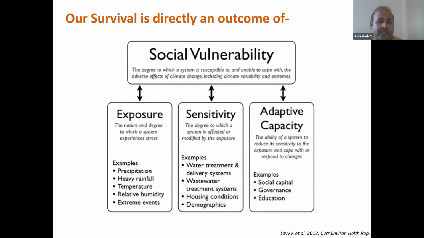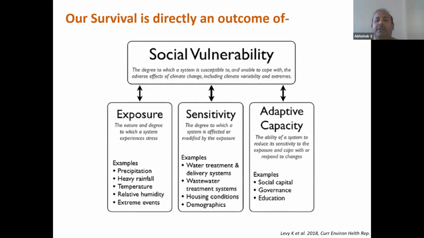Then we have sensitivity, which is how sensitive we are to this exposure to these changes, for instance whether wastewater treatment systems are there or not, whether water treatment and delivery systems are there or not, how our housing conditions are, how our demographic situation is. These are all our sensitivities towards those problems.